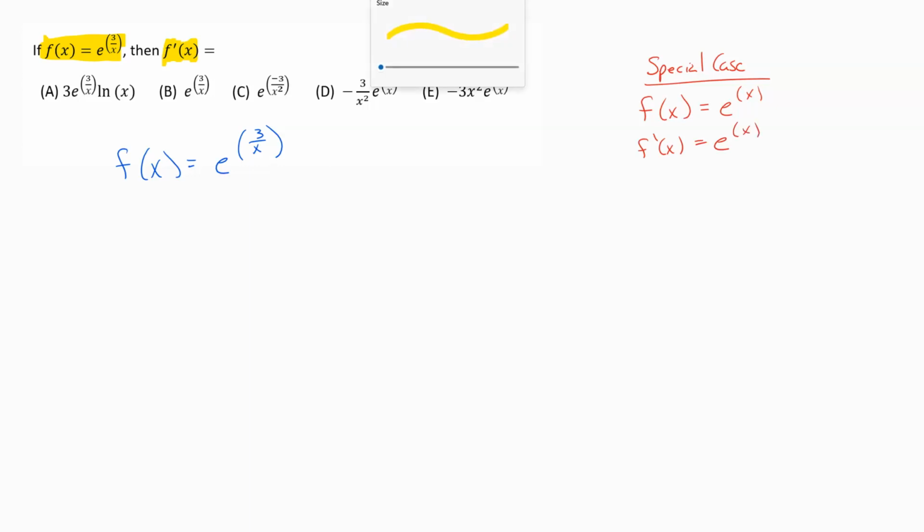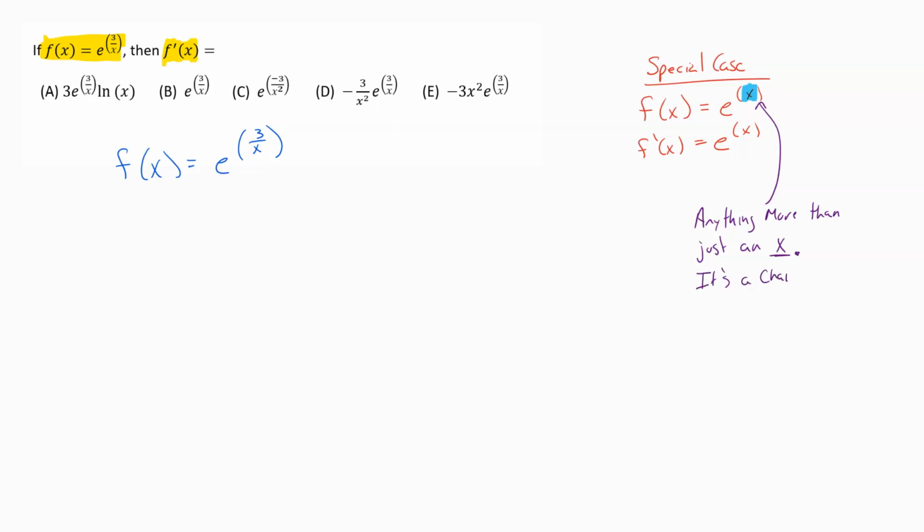The thing about all these special cases, though, that you have to keep track of is that as soon as what you start with inside that basic function is anything more than just an x, so negative x, more than just a basic x, all problems like that are going to become a chain rule problem.